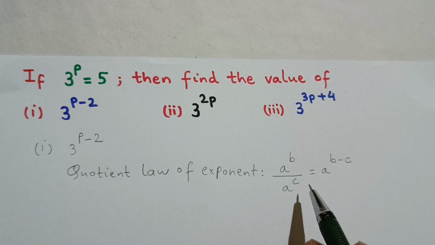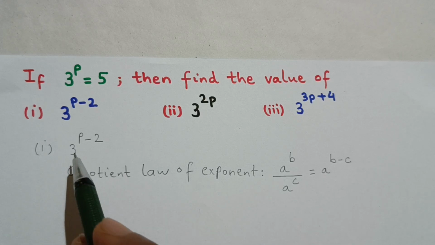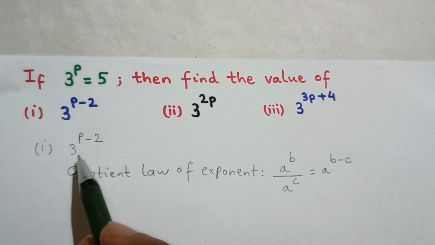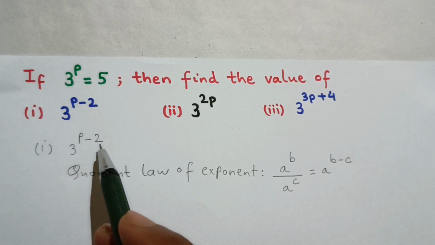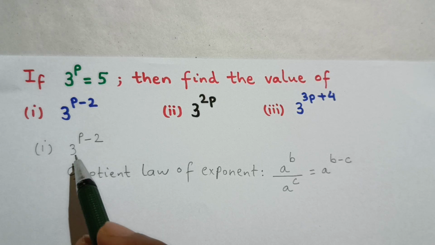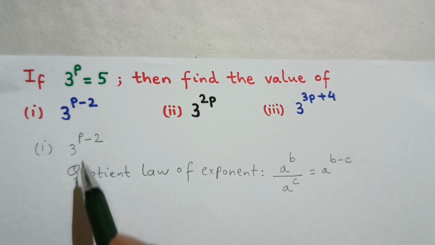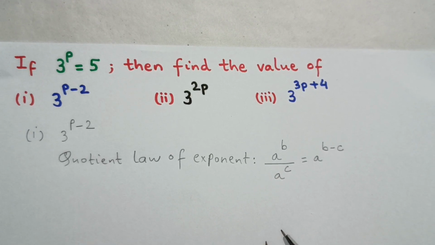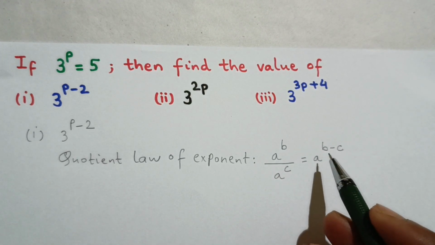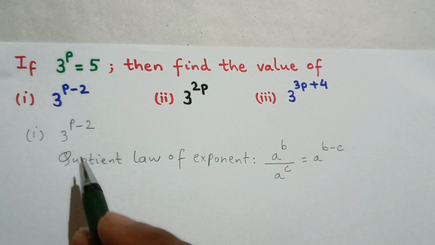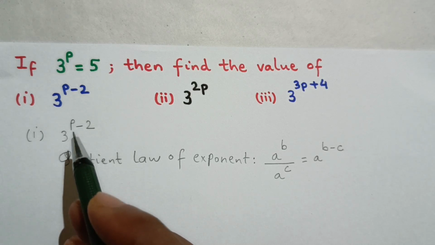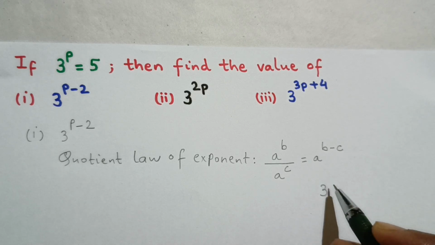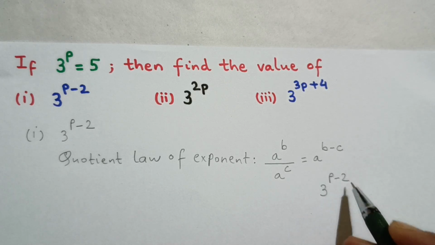So let us take the help of this quotient law of exponent and simplify this expression. We can see here a to the power b minus c, and our expression is 3 to the power p minus 2.